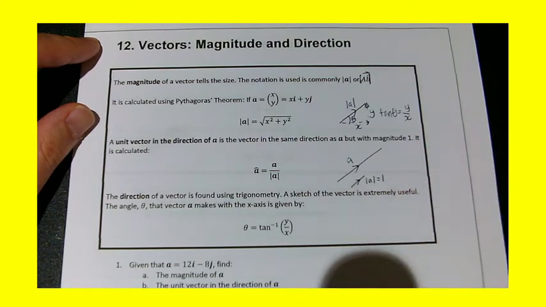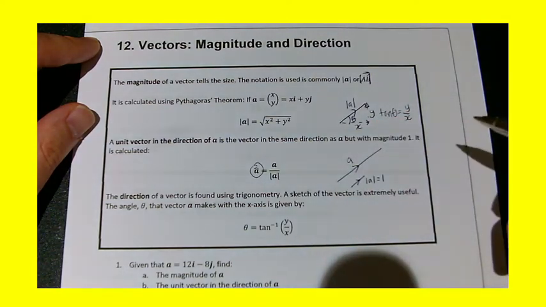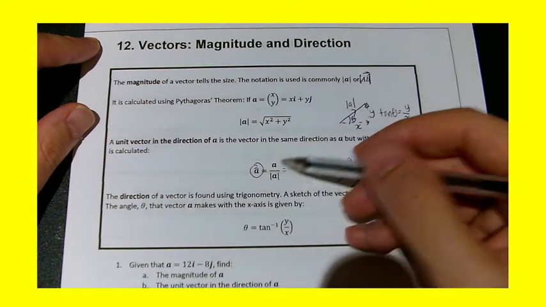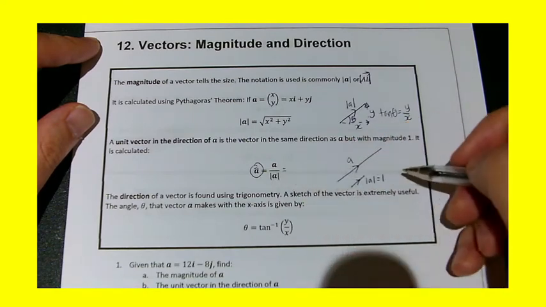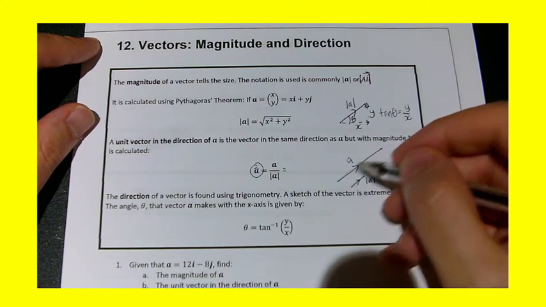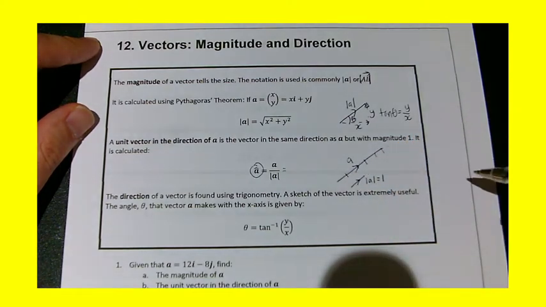It has a special symbol, a with a little hat on it. We calculate it by taking the original vector and dividing it by its magnitude. That is what we call the unit vector.